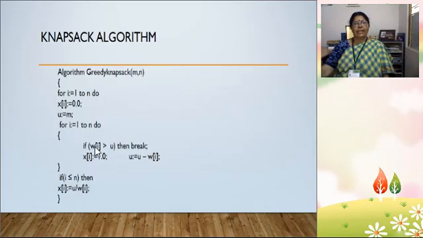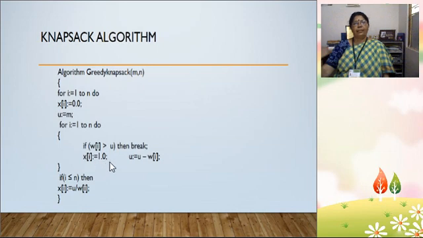First, if the weight is greater than U, that is, if the weight of the object to be added is greater than the available knapsack capacity, then you break, because it should not violate the feasibility constraint. Otherwise you add 1 unit of the object.